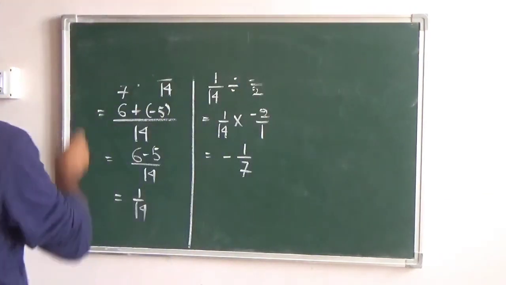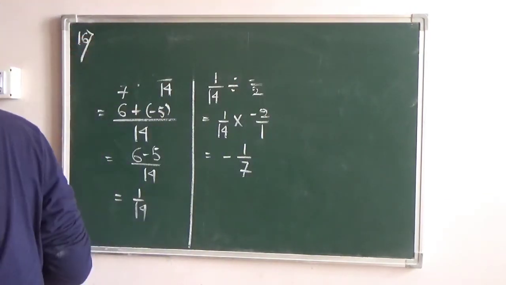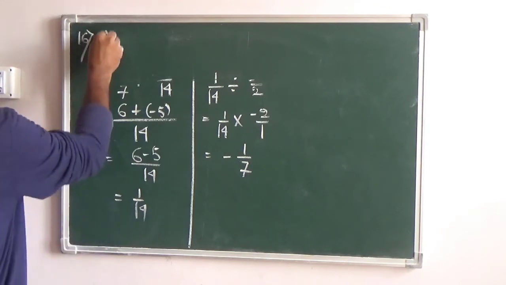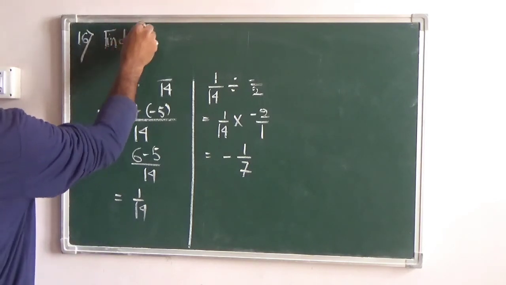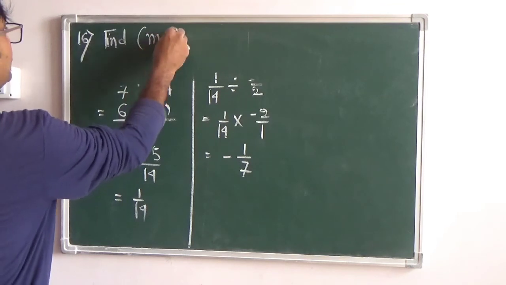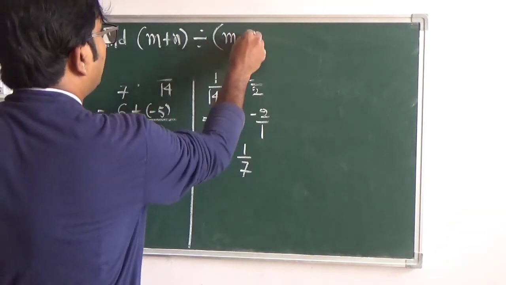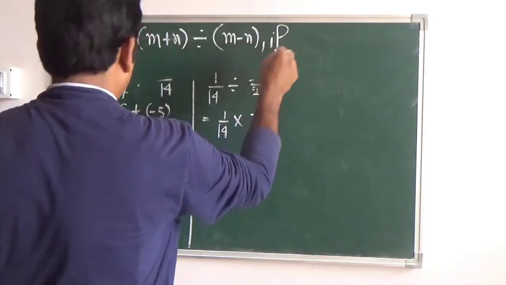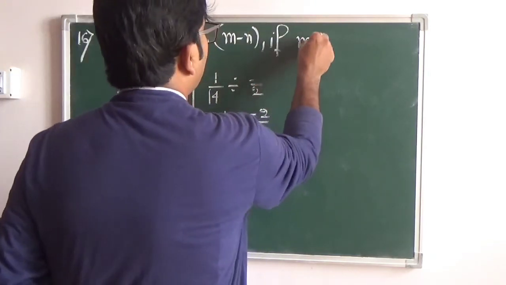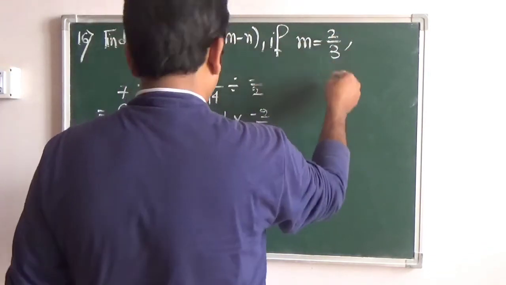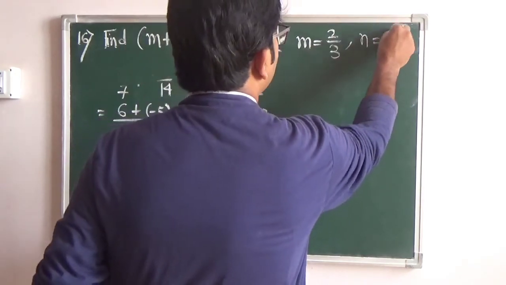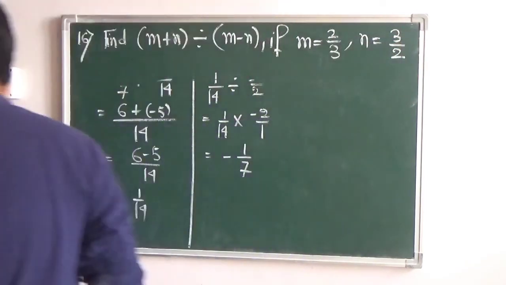Question number 16. Find m plus n divided by m minus n if m is equal to 2 by 3 and n is equal to 3 by 2.